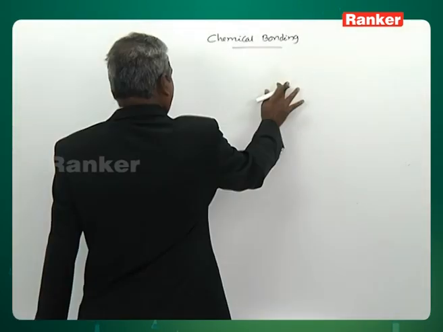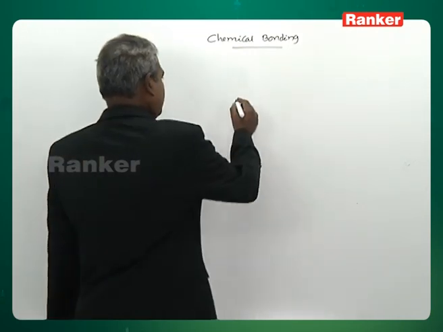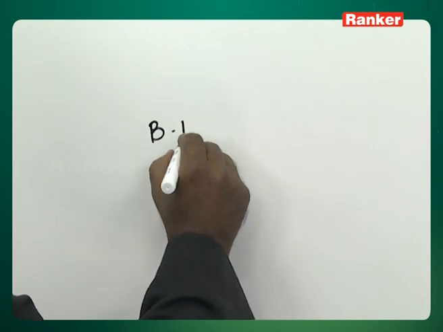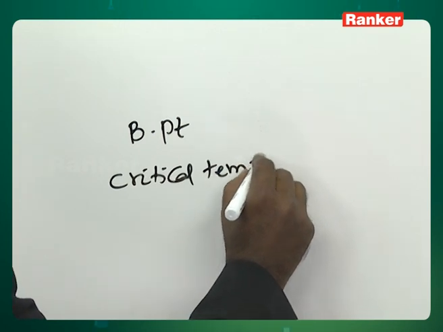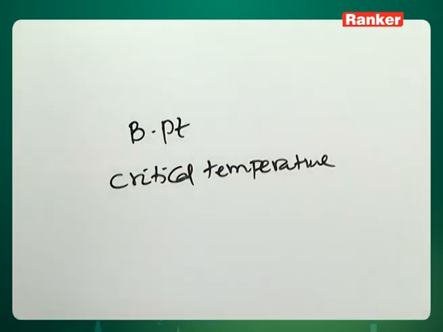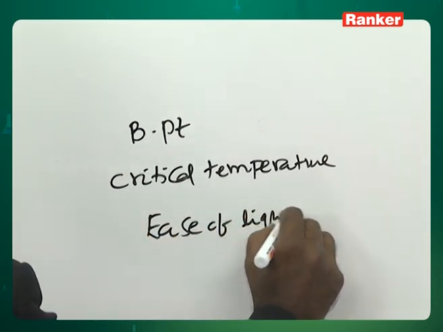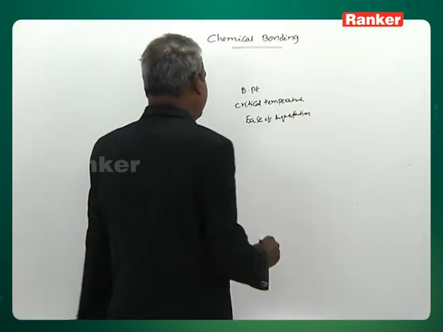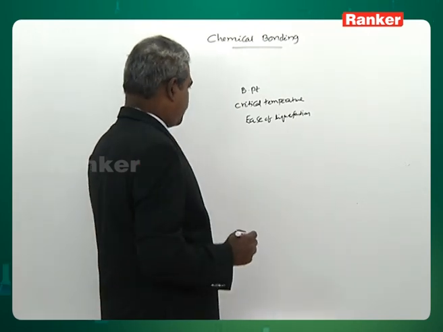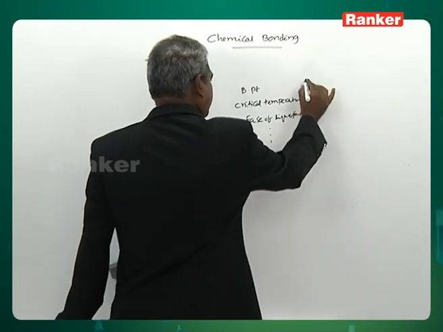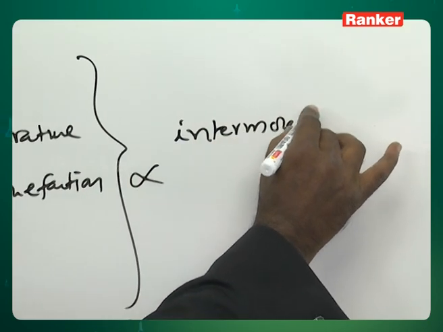Now, how to decide boiling points of all substances? There are so many factors like boiling point, critical temperature, which you learn in different topics, ease of liquefaction, how easily you can liquefy something, ease of adsorption. There are many things which are directly proportional to intermolecular forces of attraction.